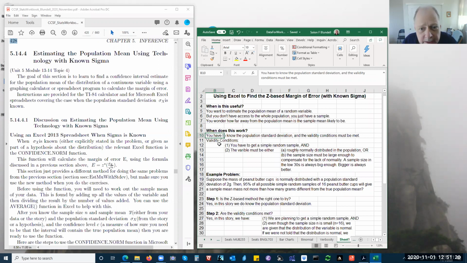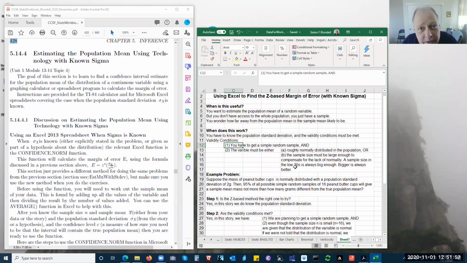What are the validity conditions? There's two of them. You have to get a simple random sample, not any other kind of sample, and the variable must be either roughly normally distributed, that means symmetrical, unimodal with no outliers, or the sample size has to be big enough to compensate if it's not normal.